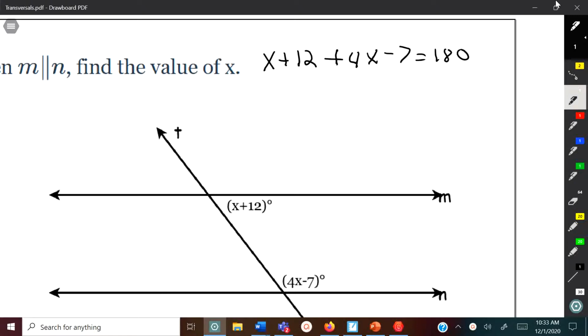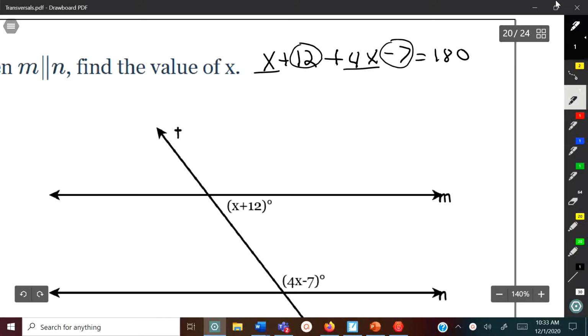Alright, so now we just solve it. First thing we want to do is collect like terms. I've got x's here, constants here, and I'm going to add those together. So I end up with 5x. Different signs, find the difference. 12 minus 7 is 5, equal to 180.